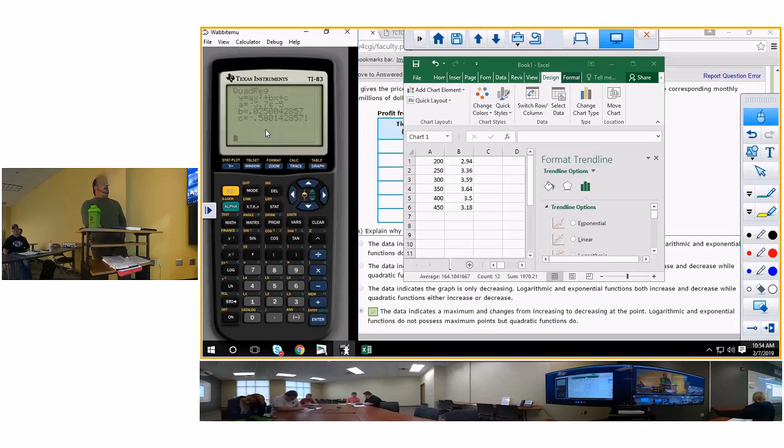Okay, now, second, or stat, calculate, go down to, what did it give us, a log or a power? Did they say exponential or power? Exponential, hit enter, second, L1, comma, L2.